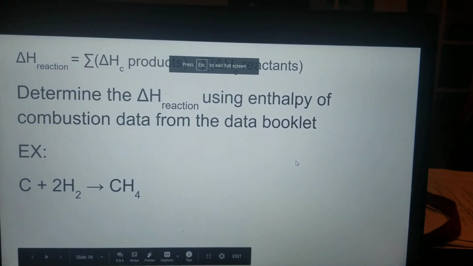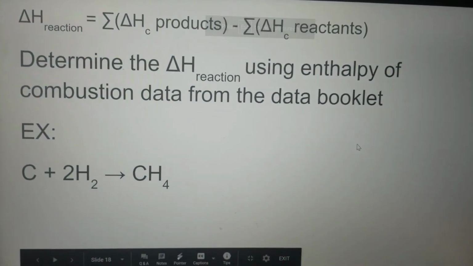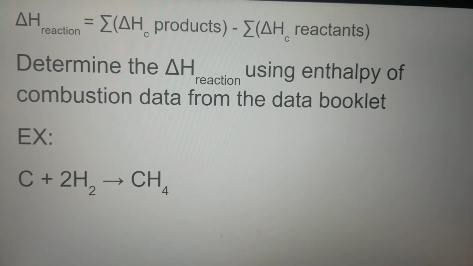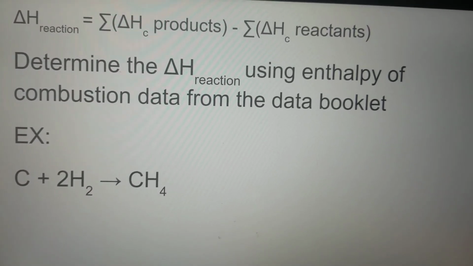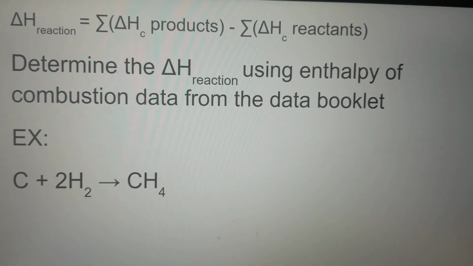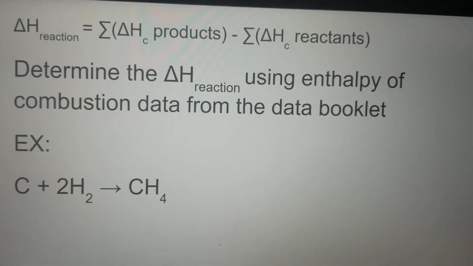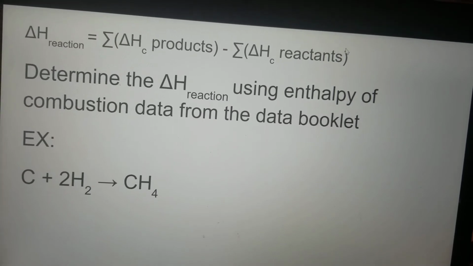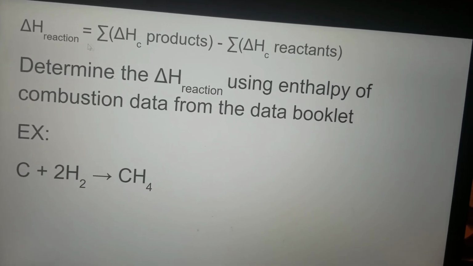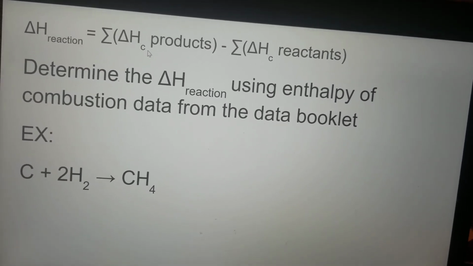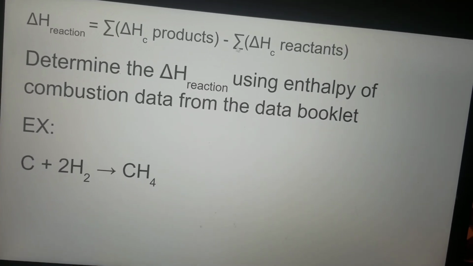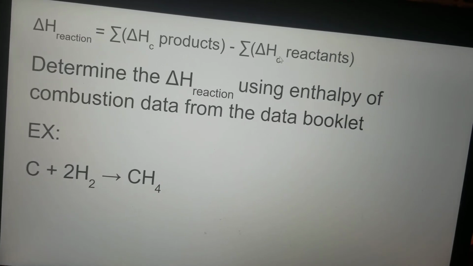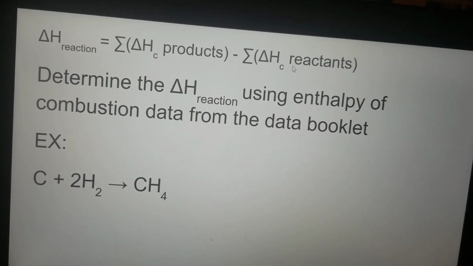We are going to do an example. Here is the example that I have in the notes. This is how you're going to calculate it. You take the sum of the delta H of the products and subtract the sum of the delta H of the reactants. Again, this is the formula: take the sum of the delta H of combustion of the products and subtract the sum of the delta H of combustion of the reactants.